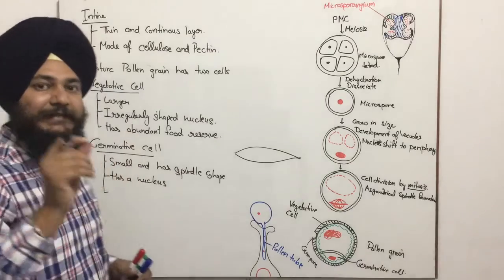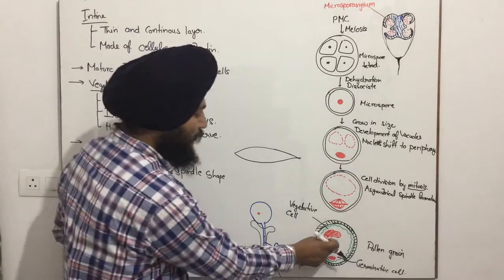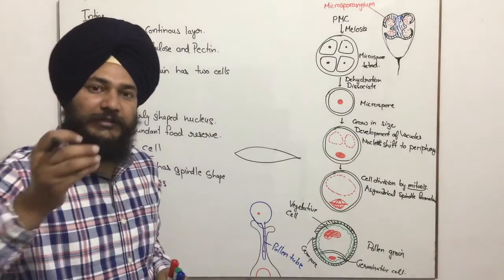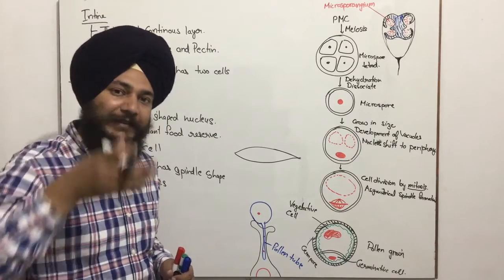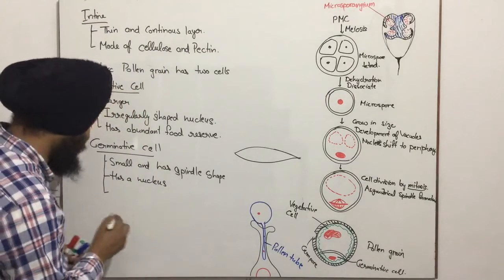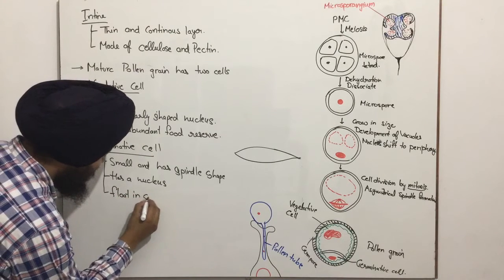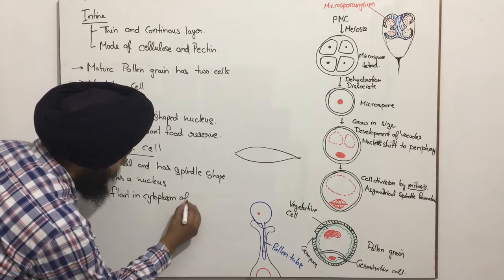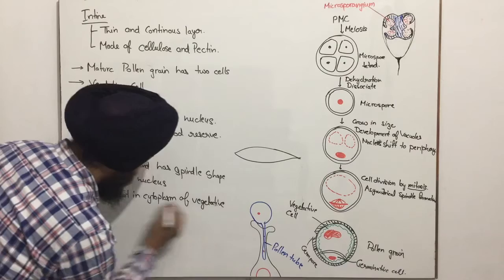And as the germinative cell is much smaller as compared to the vegetative cell, it seems like the germinative cell is floating in the cytoplasm of the vegetative cell. So it floats in the cytoplasm of the vegetative cell.